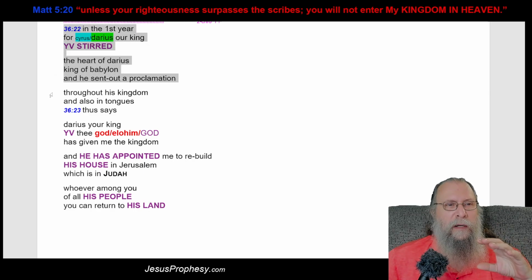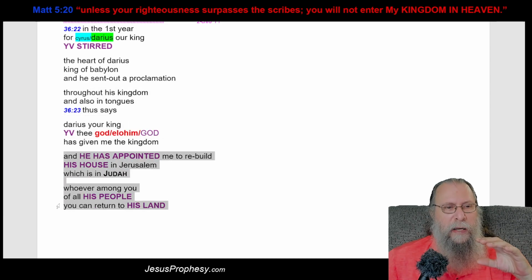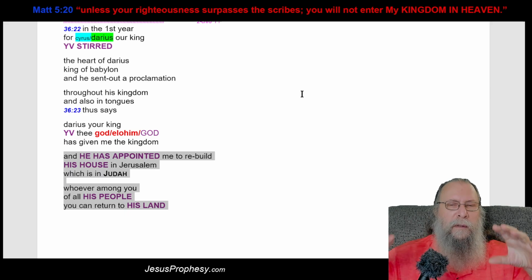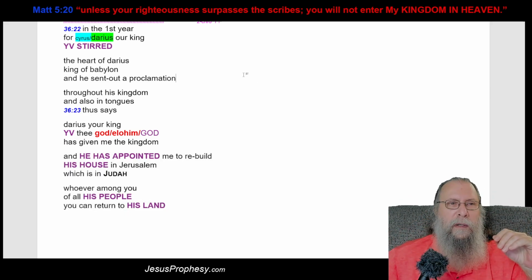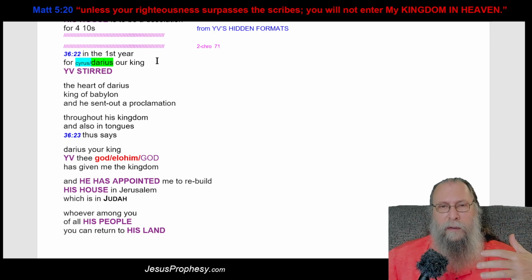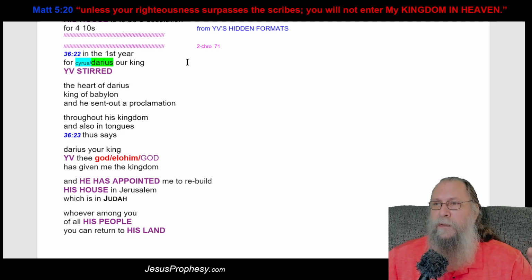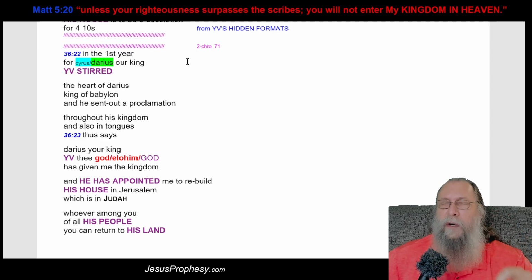And this is a great example of how these are hooking together to explain the subject, how the subjects change. This is quite unique. And it's just proving extra that the hidden formats are here. And this is the proof. In fact, this is prophecy. So Jesus' prophecy is right before your eyes.